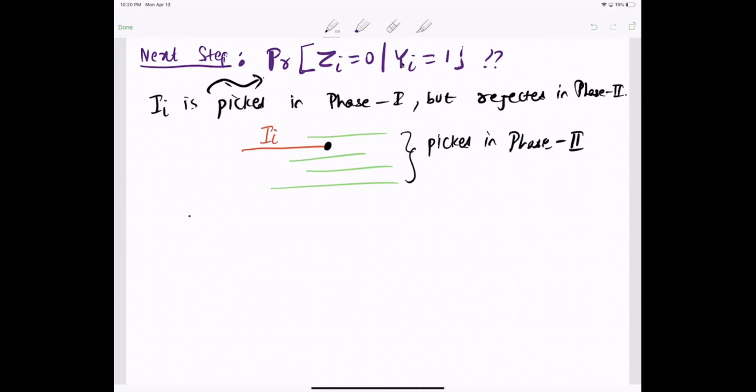right? So remember that we are processing these points very strategically in decreasing order of their right endpoints, right? And all the intervals I've shown here have right endpoints bigger than the black point shown there. I'm saying all these green intervals have actually been picked in phase 2, right?